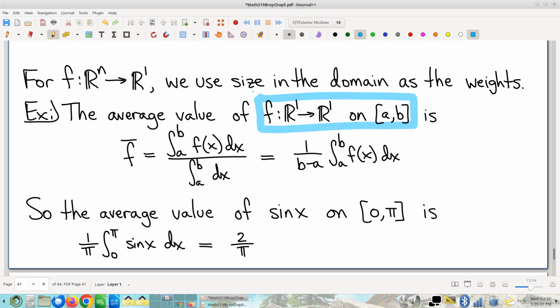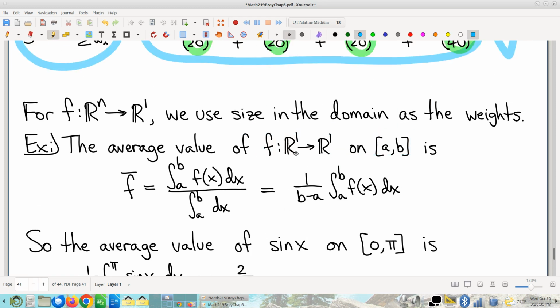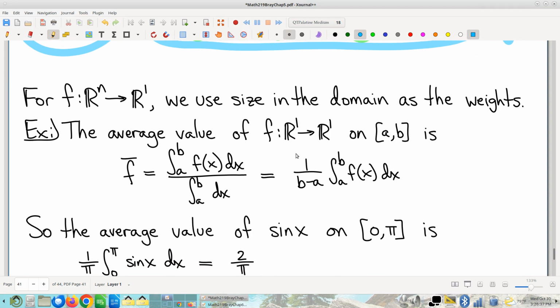So the big idea here is to take the above formula for a weighted average, adapted now to an integral setting. Notice we're doing integrals instead of adding. That gets around the whole infinitely many values thing.